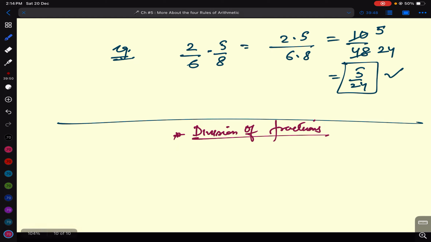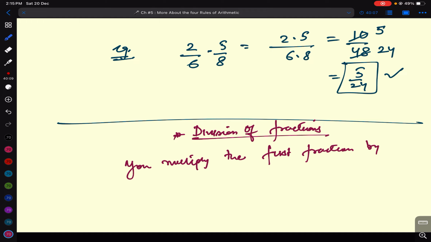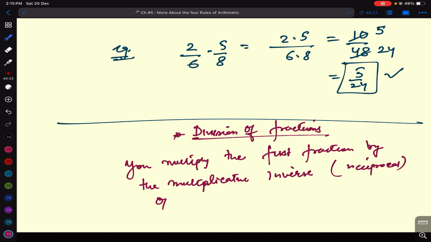When it comes to division of fractions, you multiply the first fraction by the multiplicative inverse of the second fraction, or you can say the reciprocal of the second fraction. What do I mean to say by this?